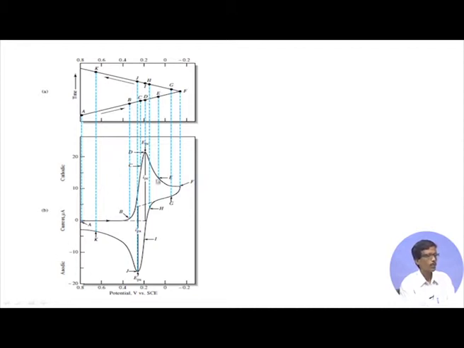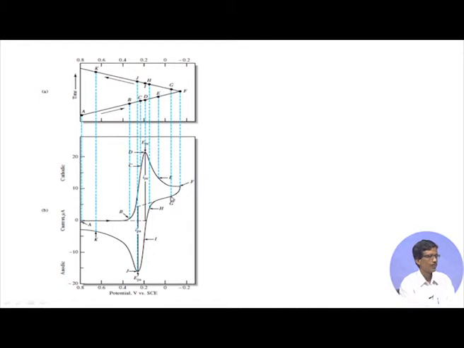So, this upper part of the plot we get. As we go back again to the starting potential of 0.8 volt, your thing will now change, and again we have the points, but now the points are marked differently.